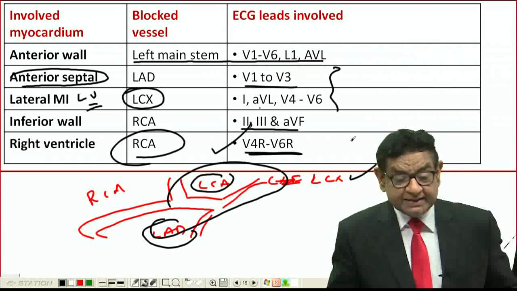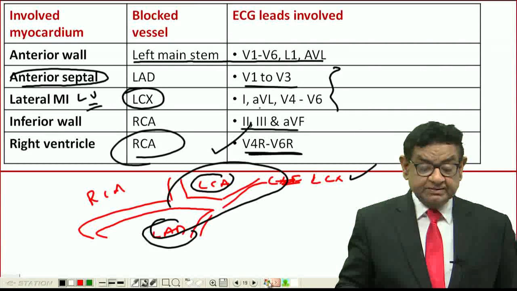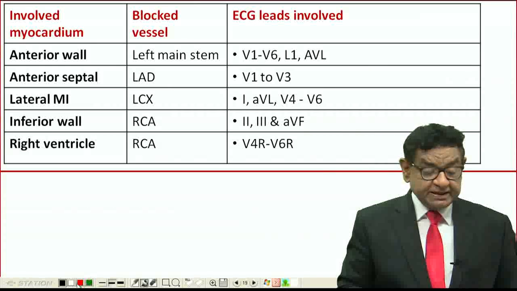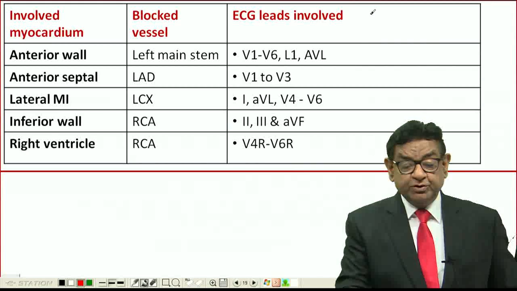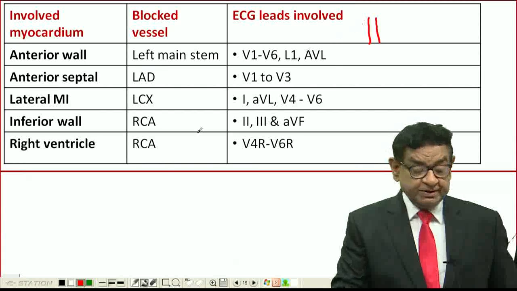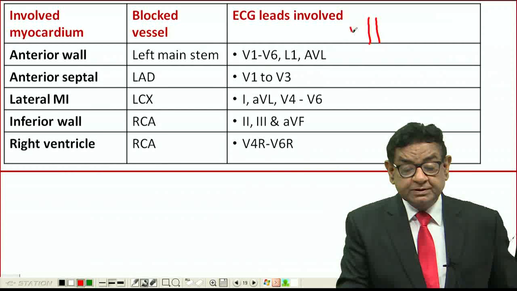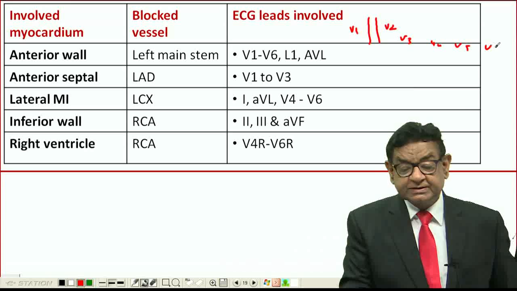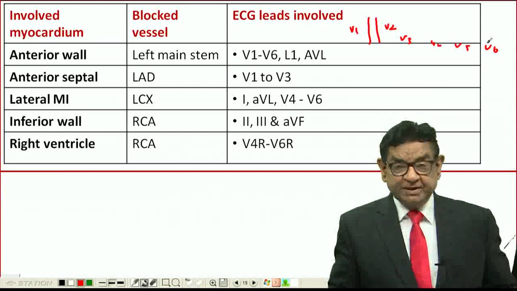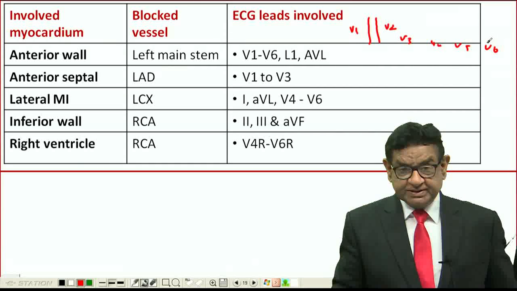What do you mean by right-sided leads? The basic concept about right-sided leads is, when we are doing the recording, this is the sternum, and this is the V1, this is V2 lead, V3, V4, V5, V6. This is a typical lead placement in a normal recording of ECG.